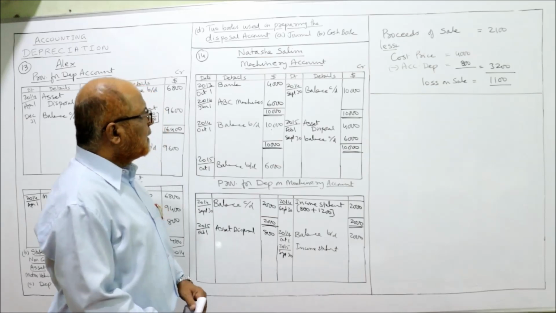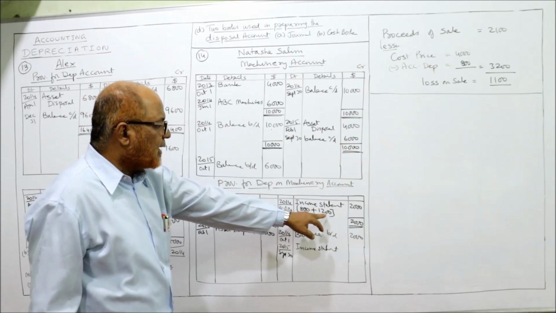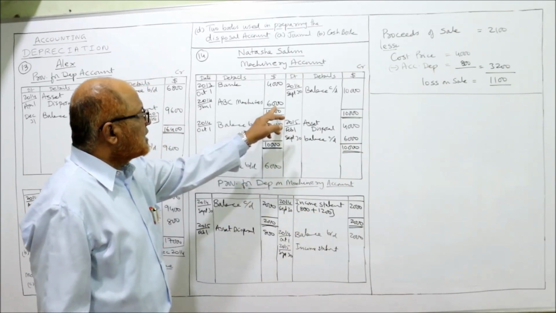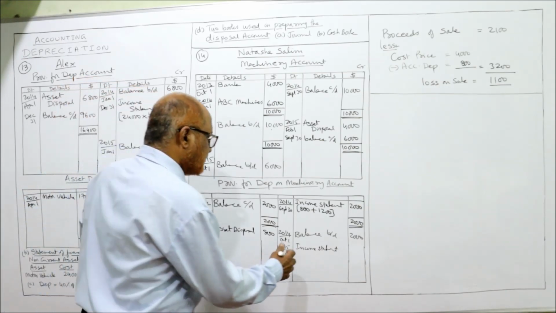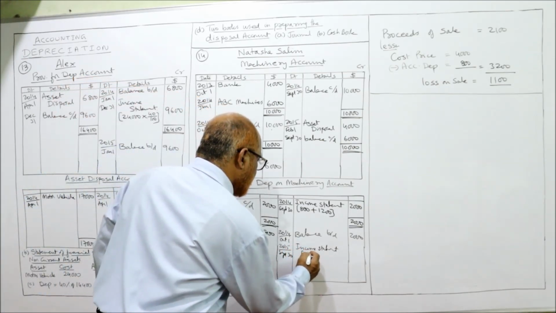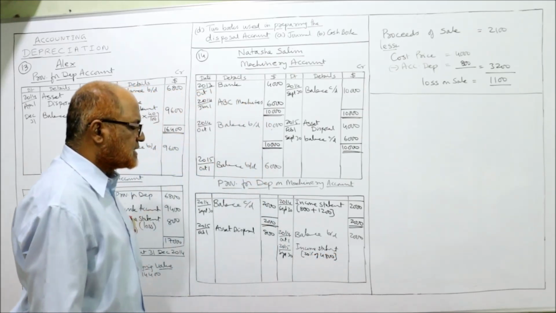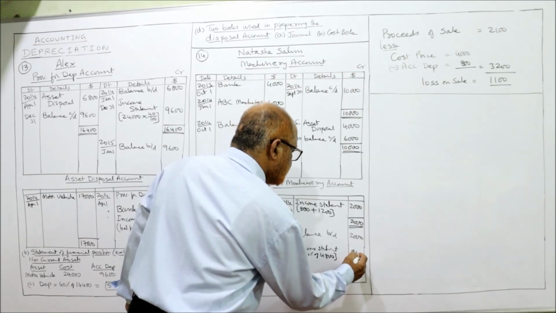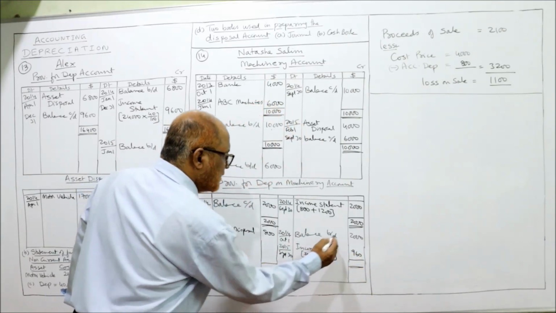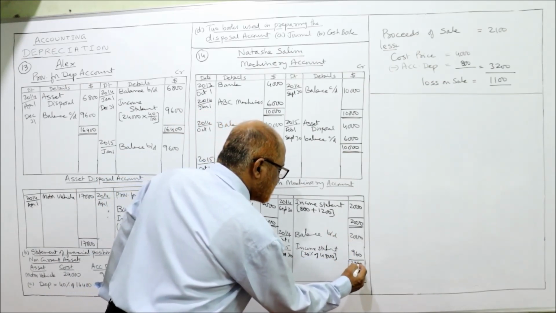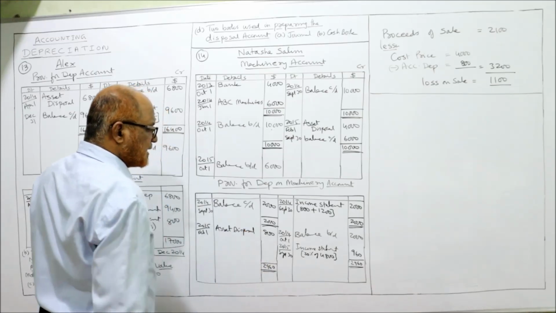So second machine. The second machine was 6,000, and first year depreciation provided is 1,200. So 6,000 minus 1,200, 4,800. So 20% of 4,800 will become 960. So 2,160? No: 1,200 plus 960 is 2,160 on the credit side... here 2,960, here also 2,960. From 2,960 deduct 800.